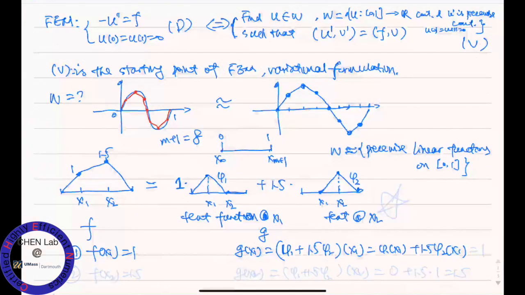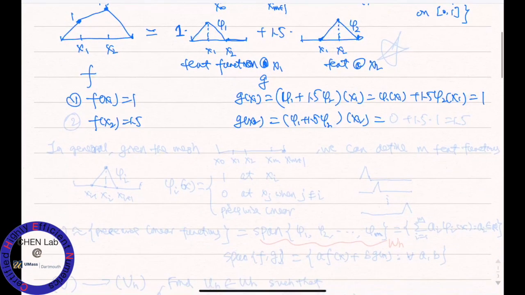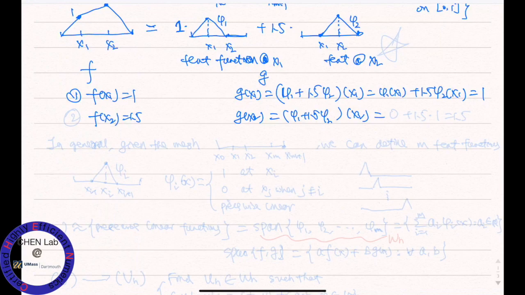We know phi1(x1) is equal to 1, and phi2(x1) is 0 by design. So this is just equal to 1. And then f of x2 is 1.5. g of x2 is the same function, phi1 plus 1.5 phi2, evaluated at x2. This time phi1 at x2 is 0, but phi2 at x2 is 1. So this gets 1.5.